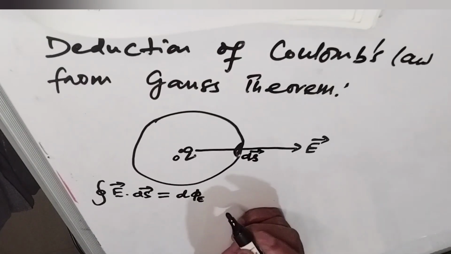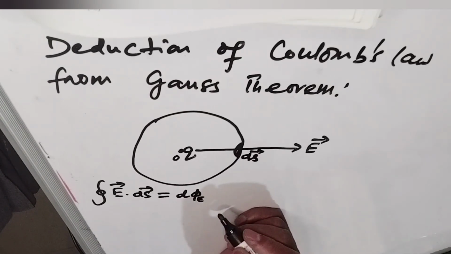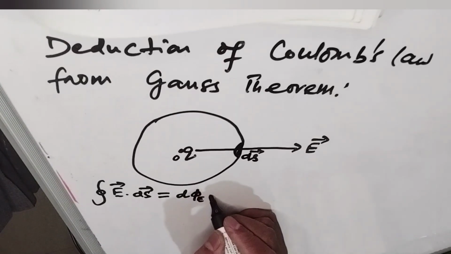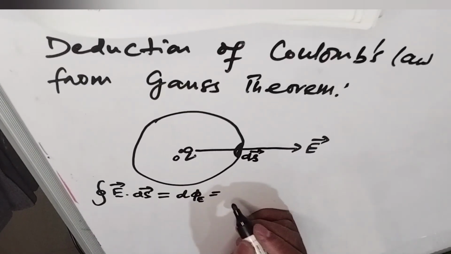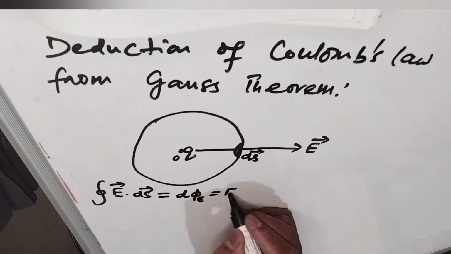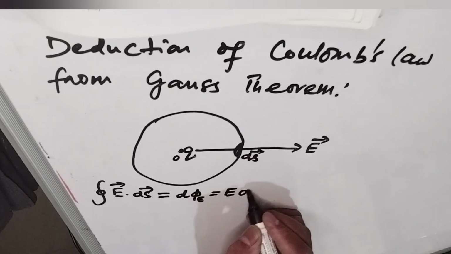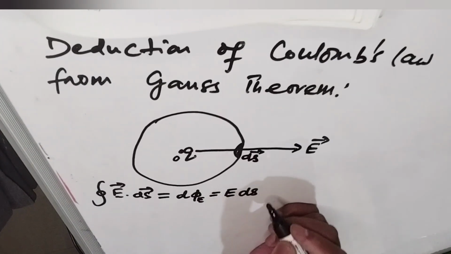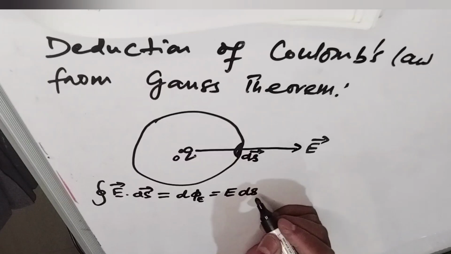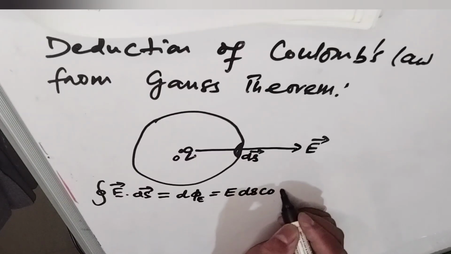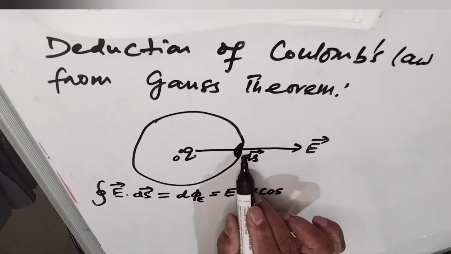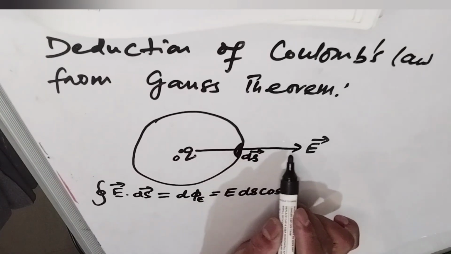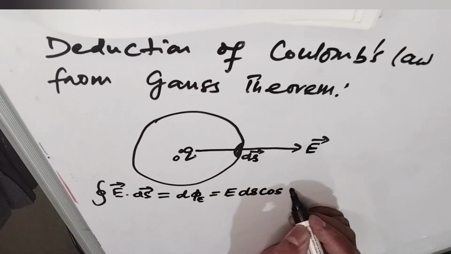So E dot ds integration over the closed surface is your delta phi E, and this can be written as E ds cos of angle theta. As you see, ds and the E are acting in the same direction.